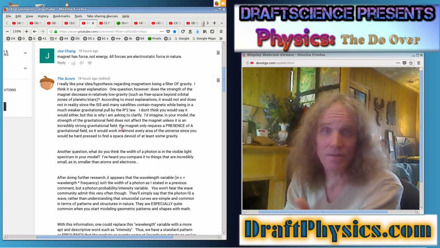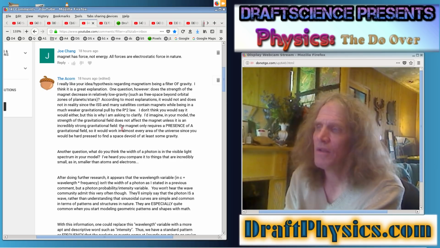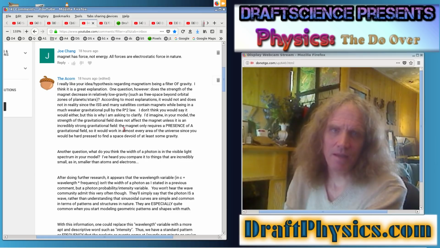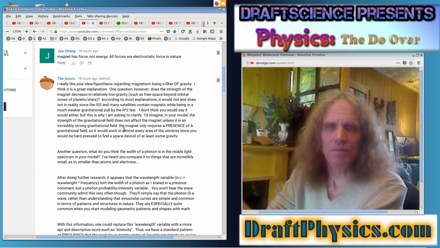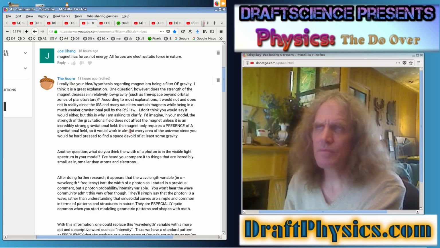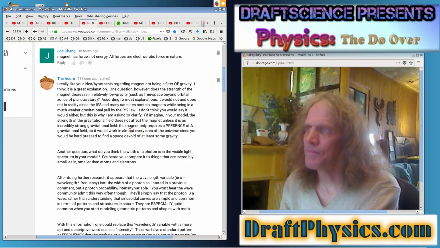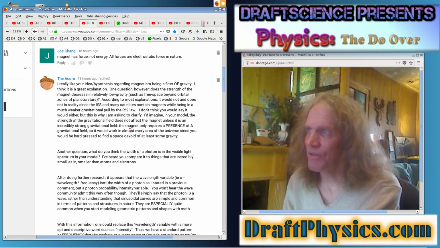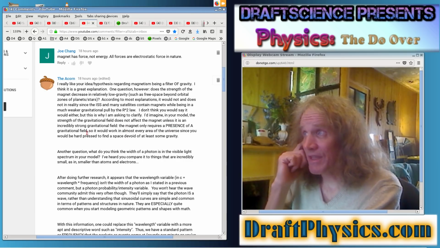The small changes, and frankly they're small, between surface gravity and empty space gravity wouldn't be enough for you to detect it in a magnet. I'm just trying to think if there's any test you could do, but I can't think of anything off the top of my head. So anyway, the magnet only requires a presence of a gravitational field.